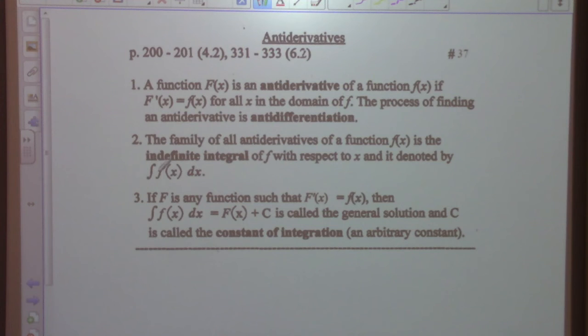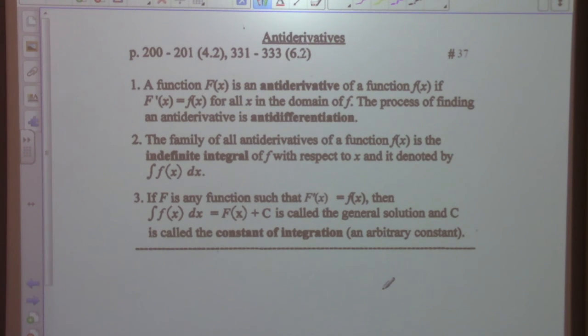And that's called an integrand. And it says if big F is any function such that big F prime of x equals little f of x, then the integral of f of x dx is big F of x plus c, and it's called the general solution, and c is called the constant of integration.